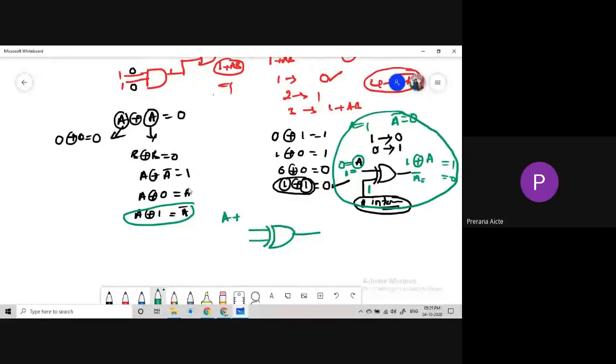One input is always 1, so this black line is always 1, and let us take this green line as A. So here we are getting the expression 1 XOR of A, right? That is the output of the XOR gate.